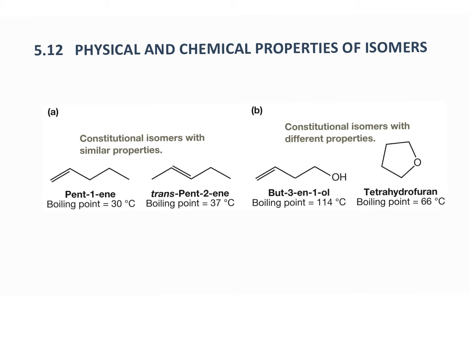And so knowing these relationships really helps us because we have some general rules that tell us whether isomers are going to behave identically or differently. So, constitutional isomers are kind of the first isomers that we started with, and constitutional isomers have different physical and chemical properties.